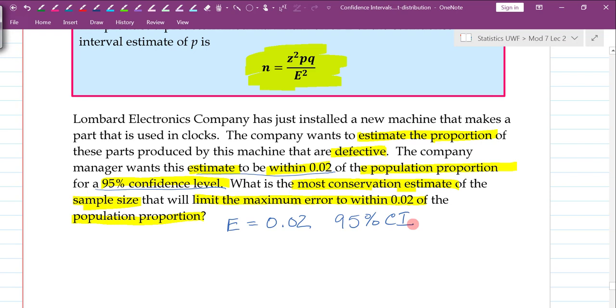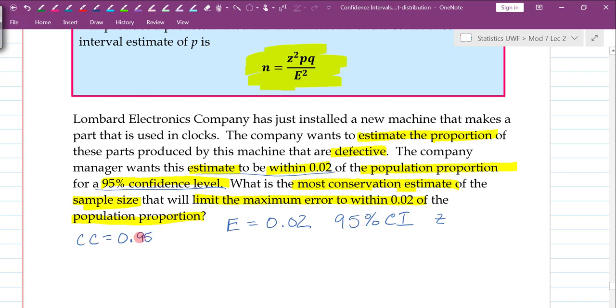Because we're dealing with proportion, whenever we deal with proportion, we're going to be dealing with z. Now, our confidence coefficient is equal to 0.95, and I know that because we're looking for a 95% confidence interval.